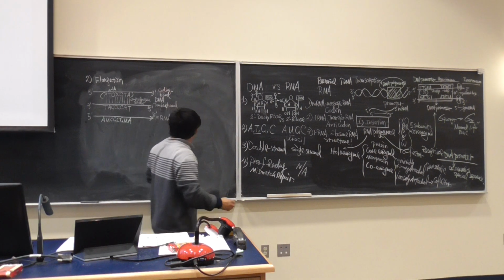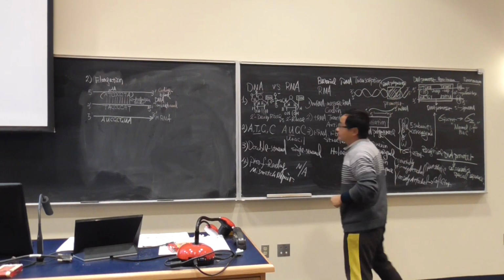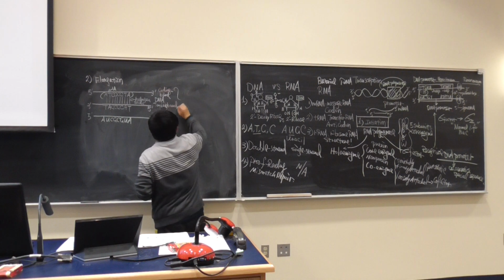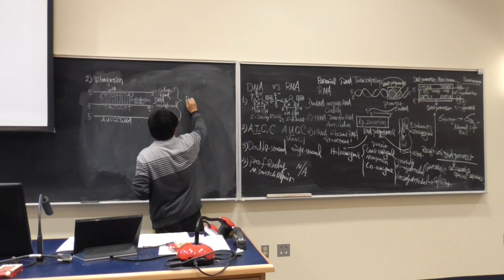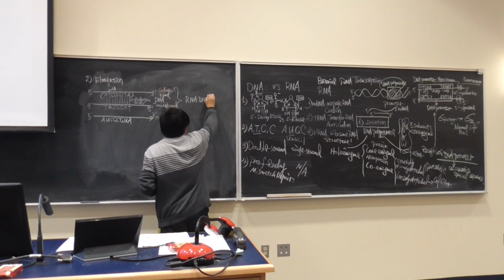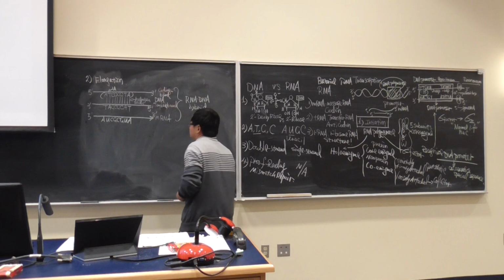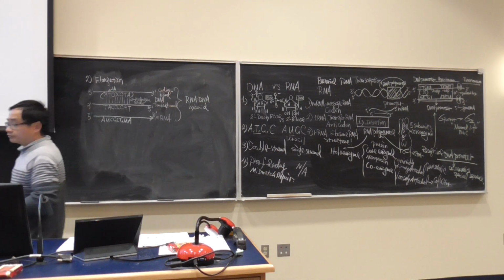Now, when they do the elongation process, at this moment we say this is an RNA and DNA hybrid. So that's elongation. It's very simple.